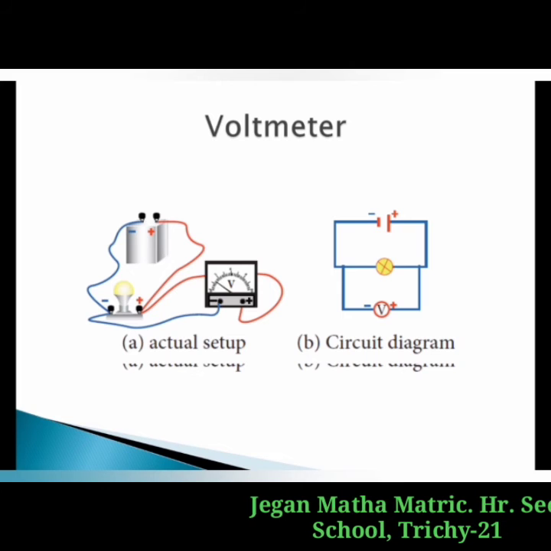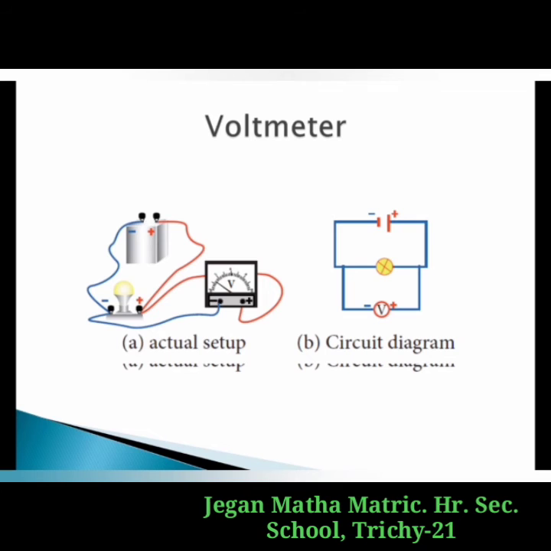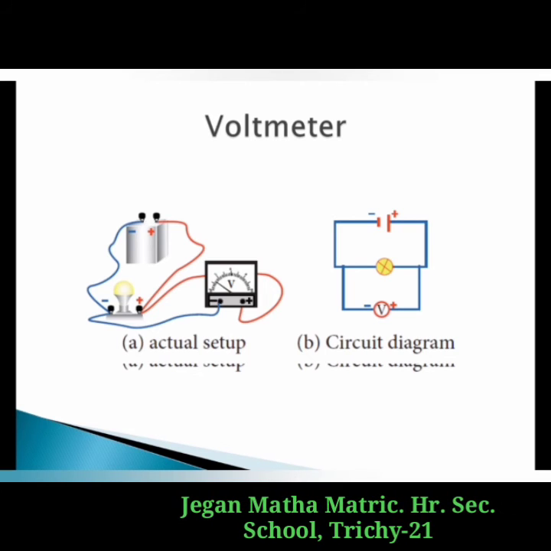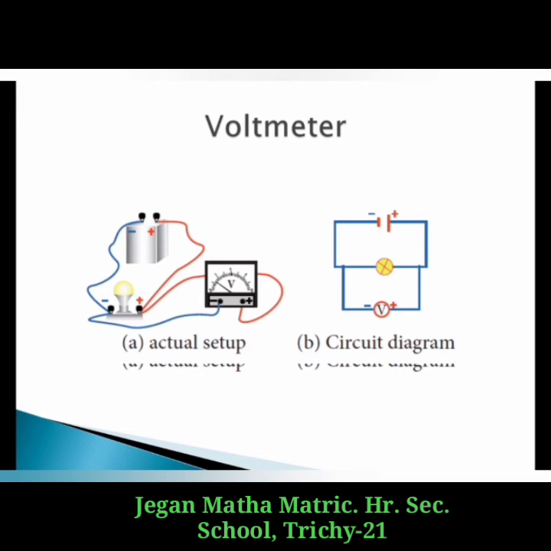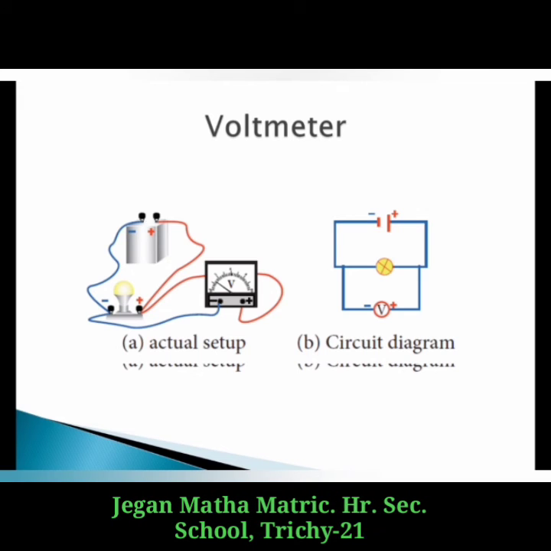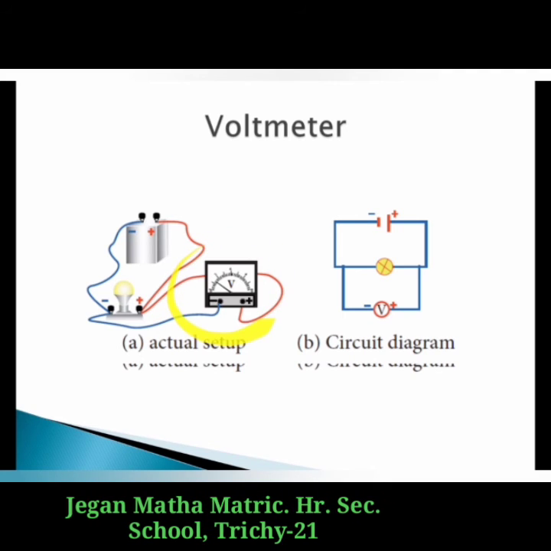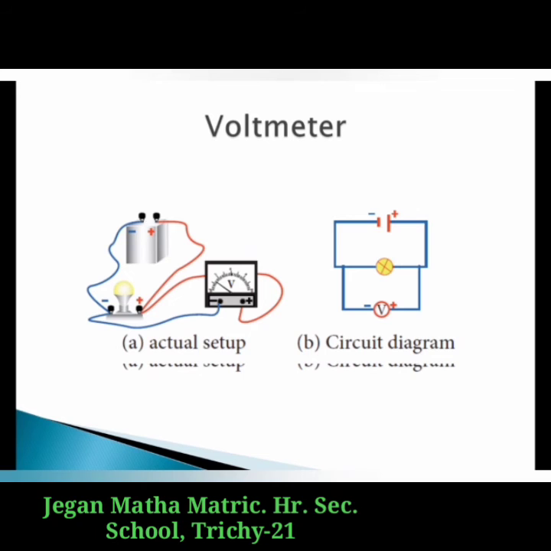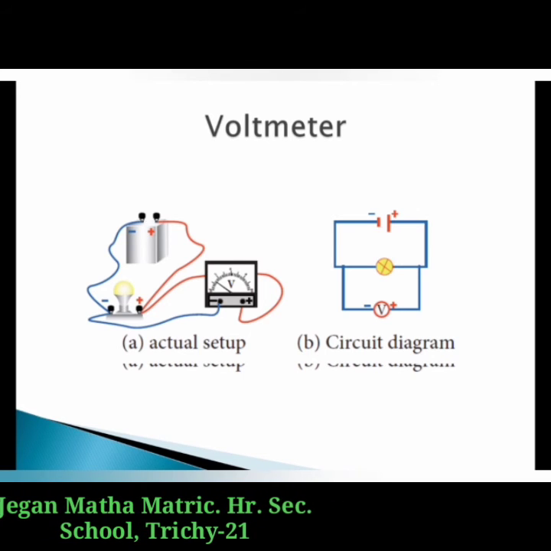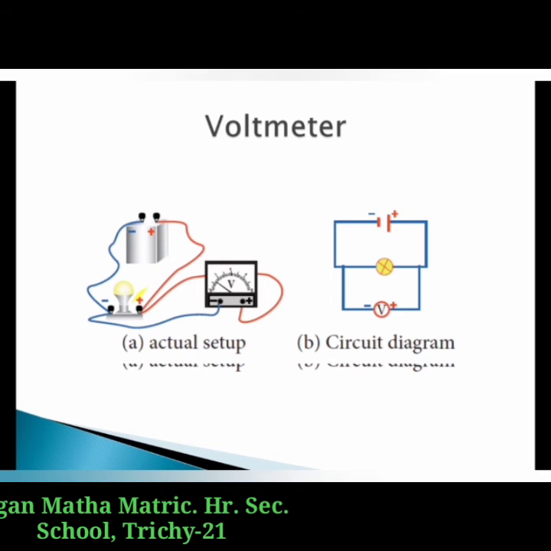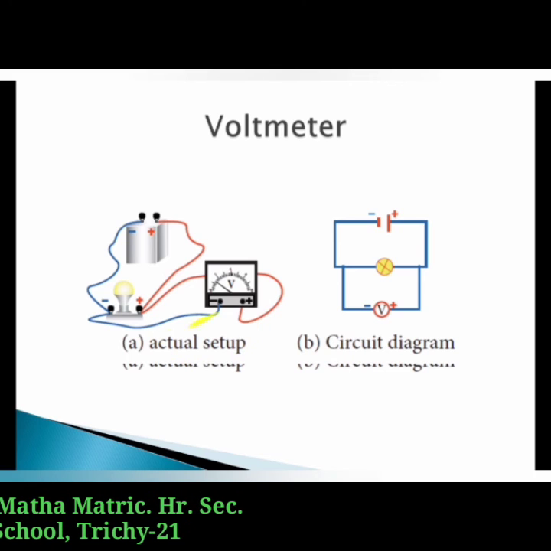Note the positive red terminal of the voltmeter is connected to the positive side of the circuit, and the negative black terminal is connected to the negative side of the circuit across a component. So here the electrical component is the light bulb. The voltmeter has two terminals, one positive and another negative. The positive red terminal of the voltmeter is connected to the positive, then the negative black terminal is connected to the negative.